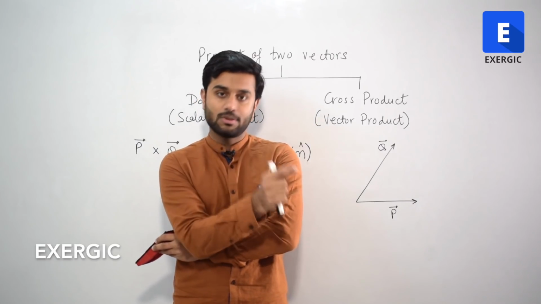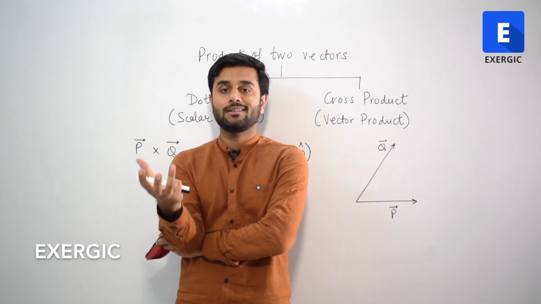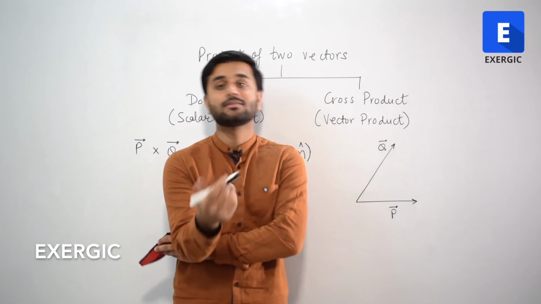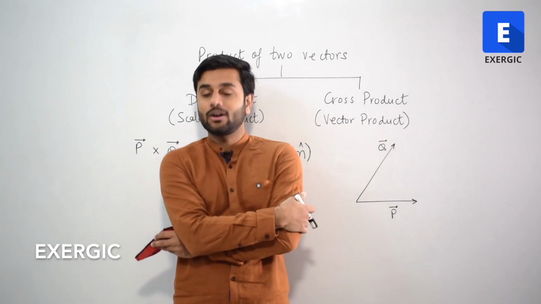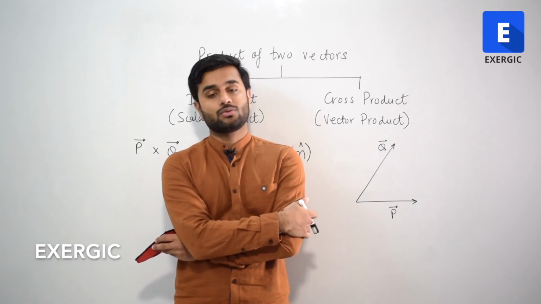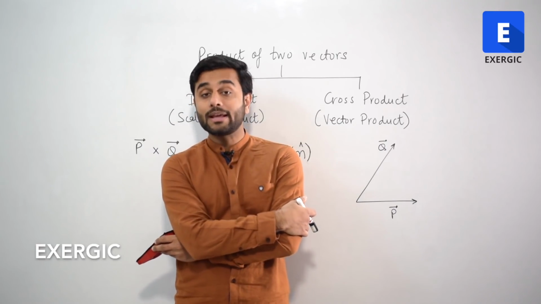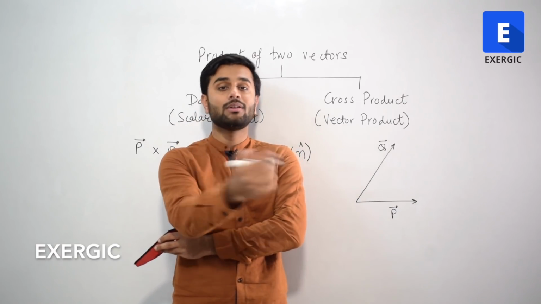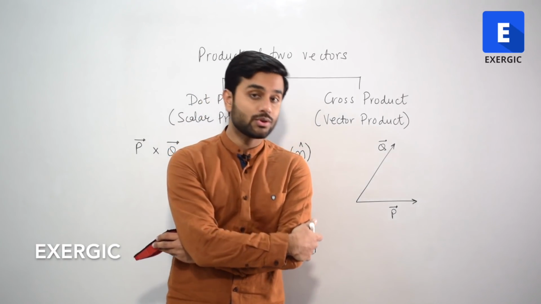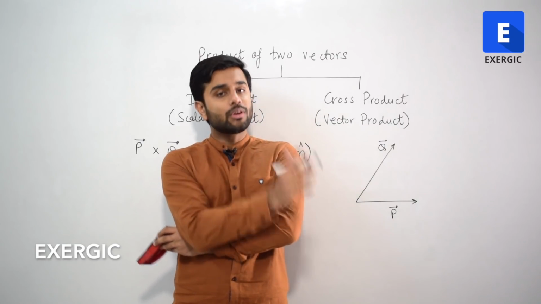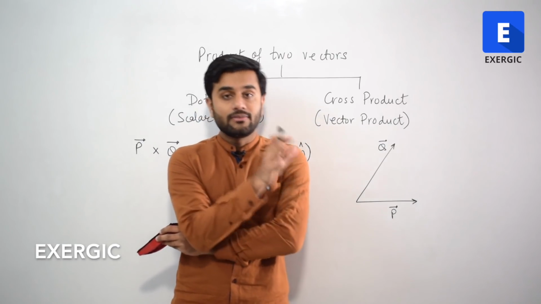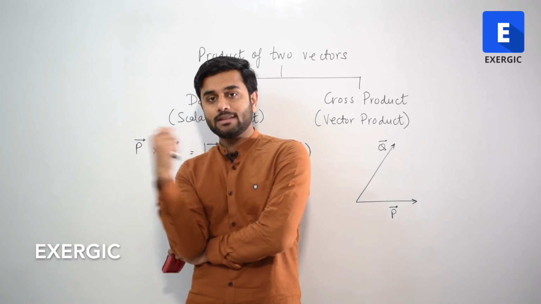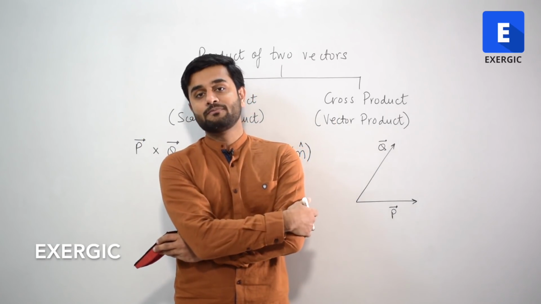Force is a vector, displacement is a vector, and what you get as a result is torque, or moment of a force, which are vectors, having a direction and magnitude as well. So how do you represent those multiplications? Obviously, you're not going to use the dot product because it gives a scalar value as the resultant. So for those cases, we have one more type of product which is called the vector product, as I have written here, or cross product as represented by the shape of the operator.